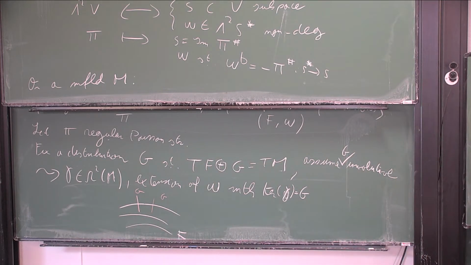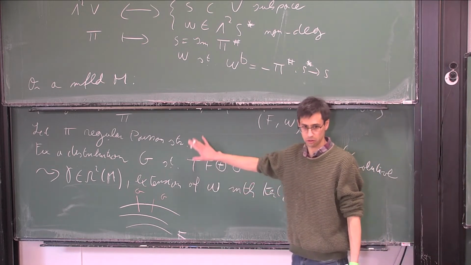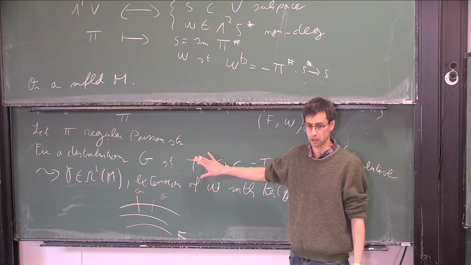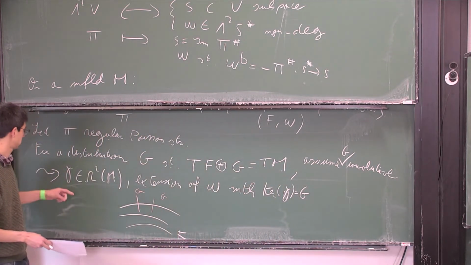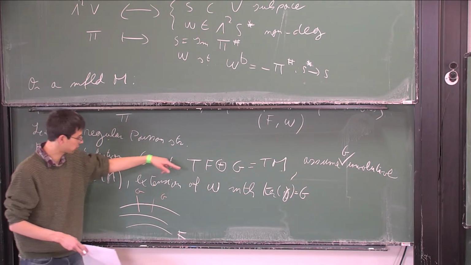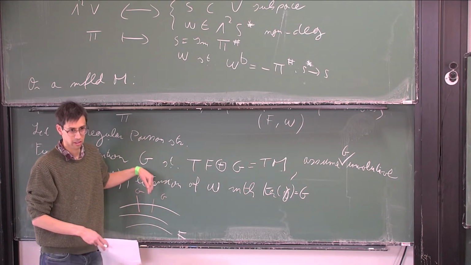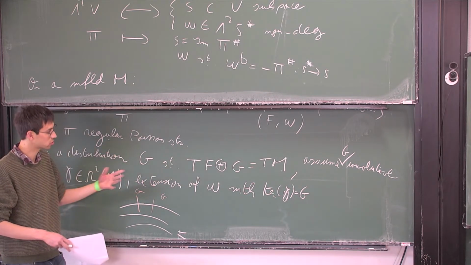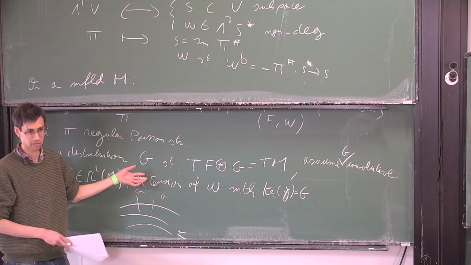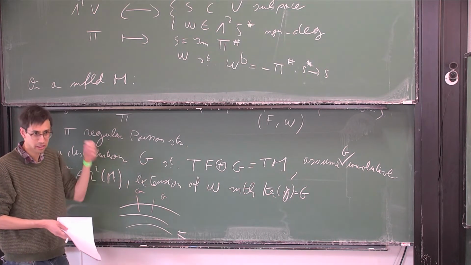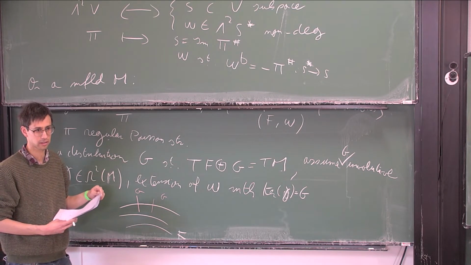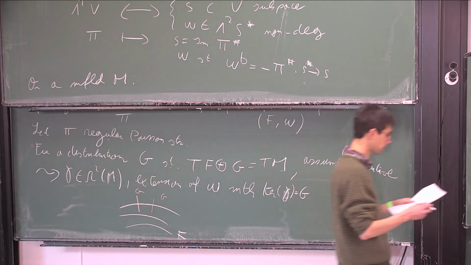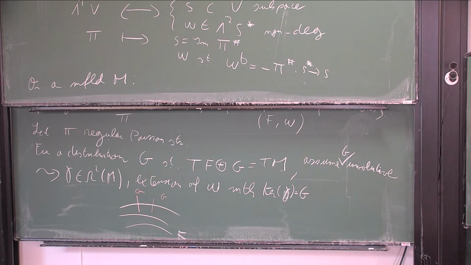Everything here is global, including G. What really matters is that G is a distribution transverse to the foliation. That's all I really need. But I won't assume in this talk that it's not involutive; to make things a bit simpler, I want to assume that it is involutive today. So now, parametrizing.